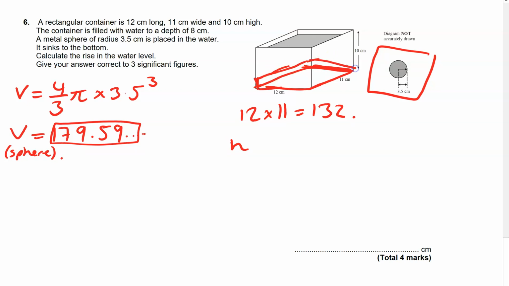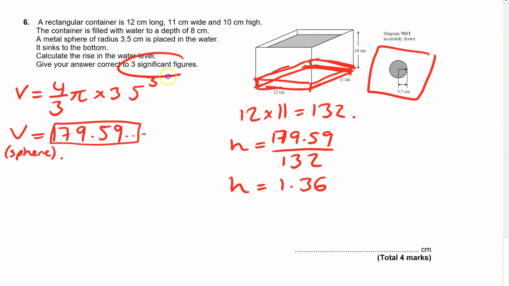Oh my lord, that is a terrible drawing. So the height of the water there is going to be the volume divided by the area it's spread over. And that is 1.36 to 3 significant figures.